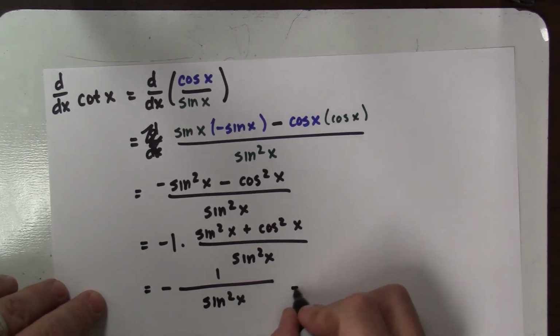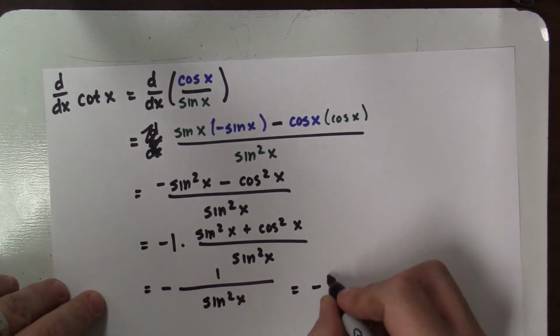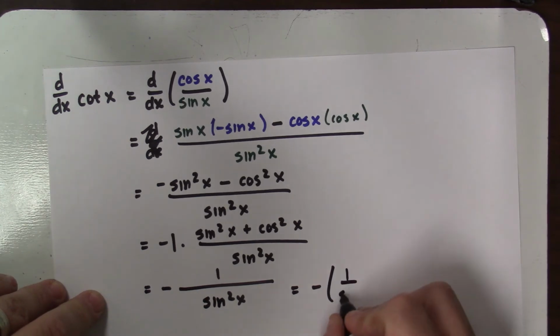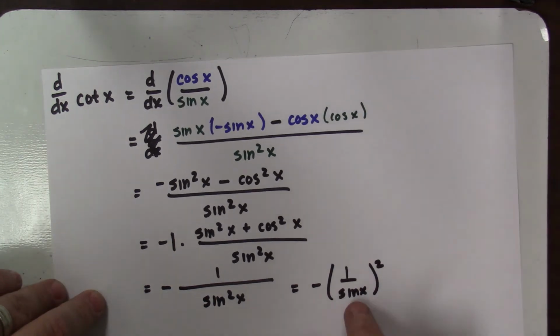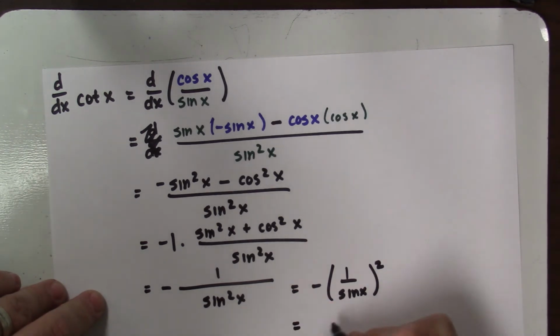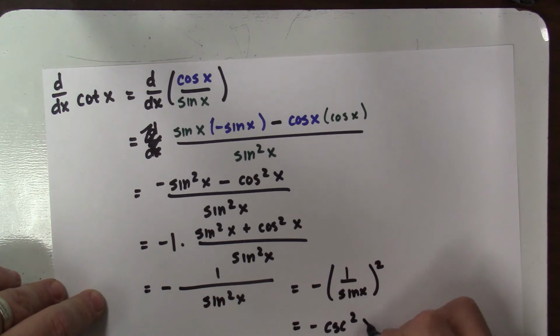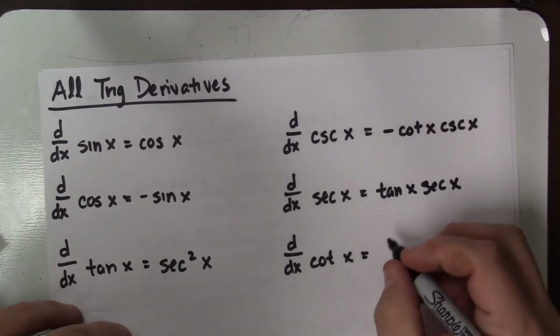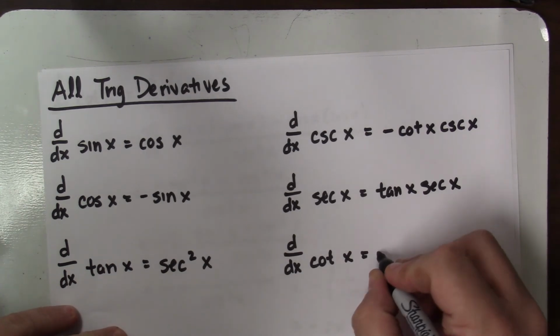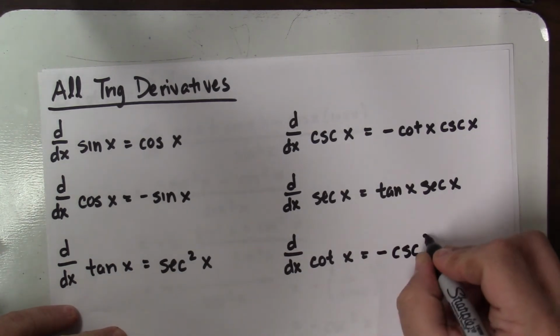That can be rewritten as negative 1 over sine x, quantity squared. This is cosecant, so I have negative cosecant squared x. So we can now finish out our table. So this is negative cosecant squared x.